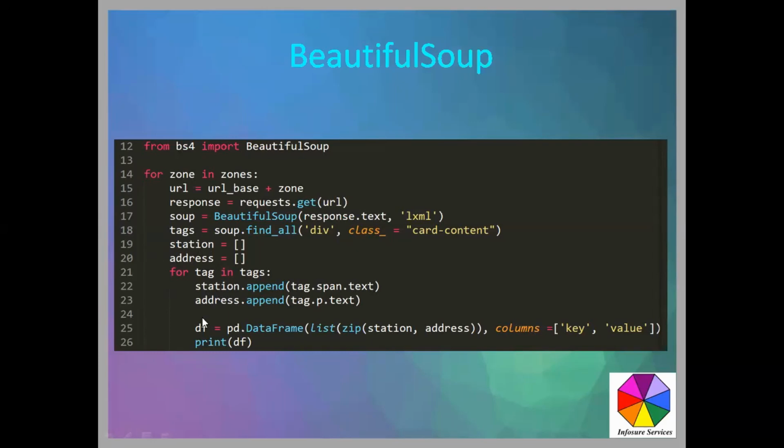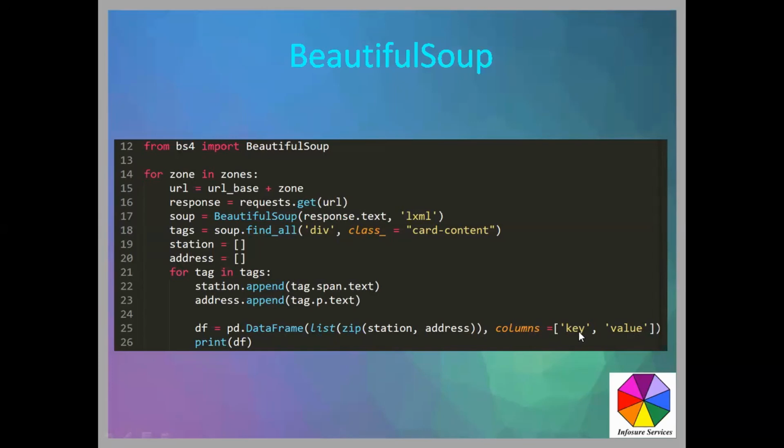When that finishes, of course, we have what's called a data frame. We have not seen this much, but for now, bear with me, because a data frame is like a table. Think of it like rows and columns in Excel. Then we are merging these station and address lists as columns, key and value.